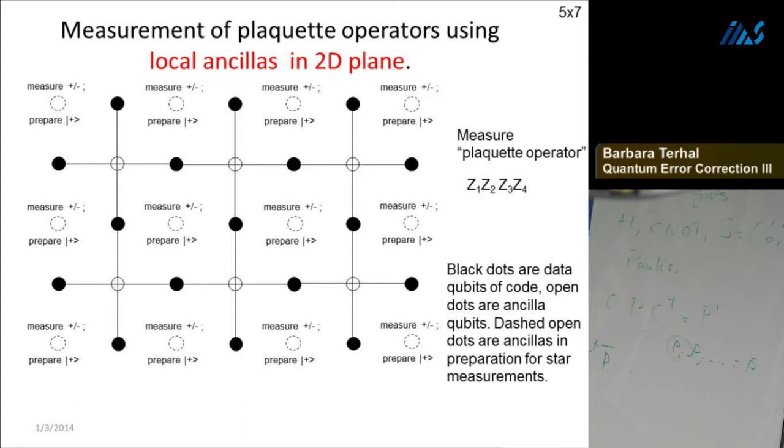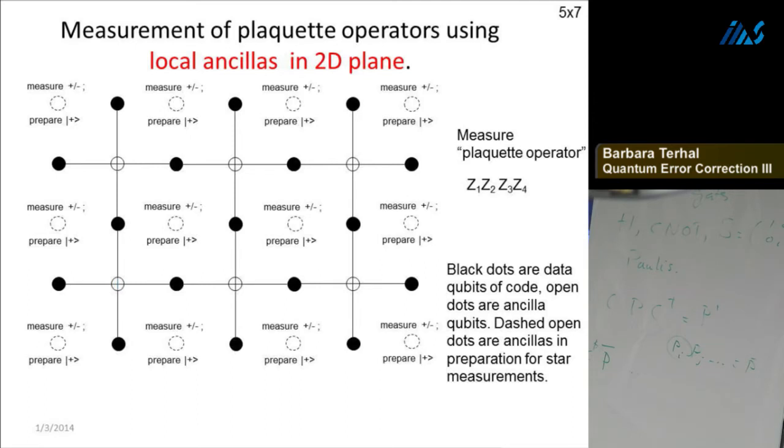So the black dots are the data qubits of the code. So they are on the edges. And we put ancilla qubits on the plaquettes and on the vertices of the lattice. And this picture is a little bit confusing, but the idea is that we do some CNOTs for the Z plaquette measurement. Actually, is this the Z plaquette? No, this is actually the other one, I think.